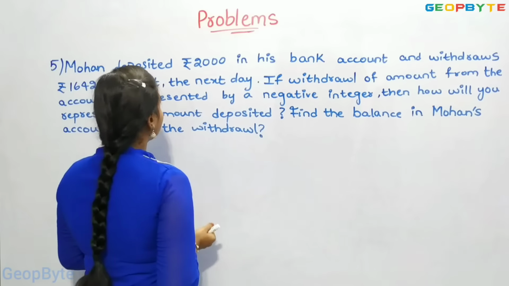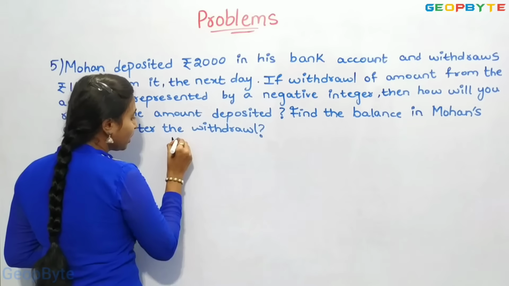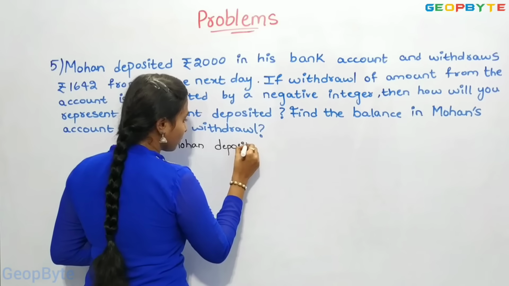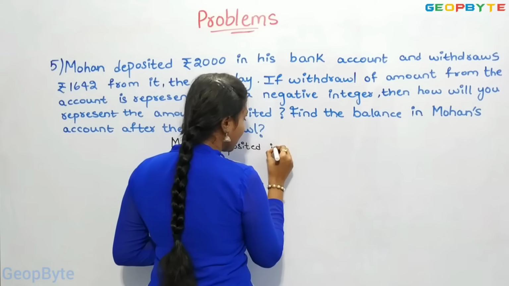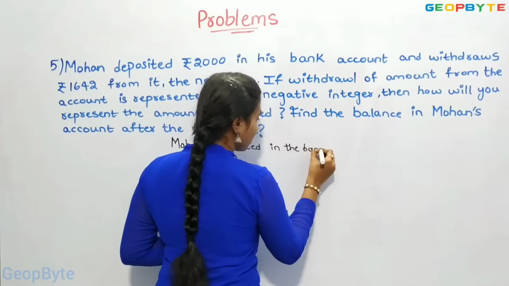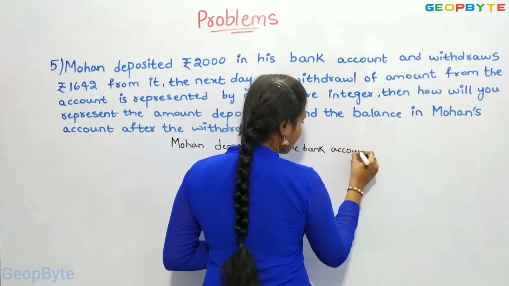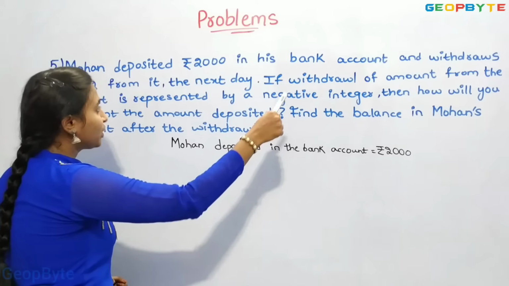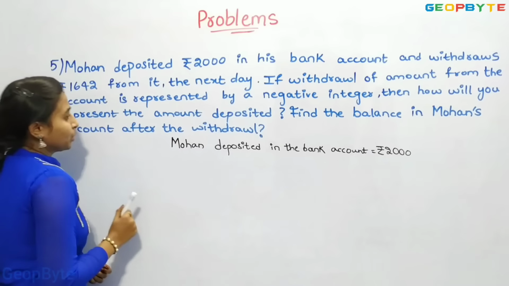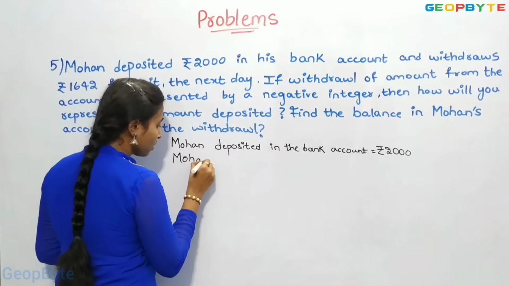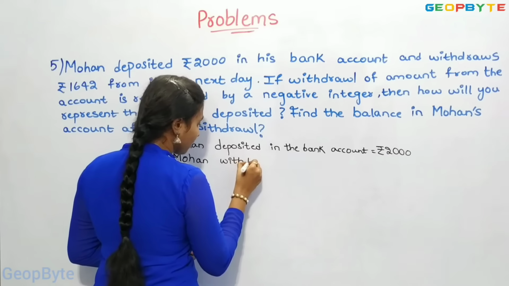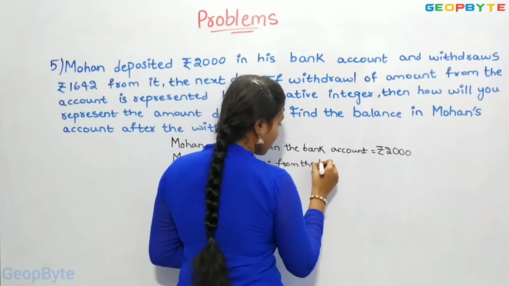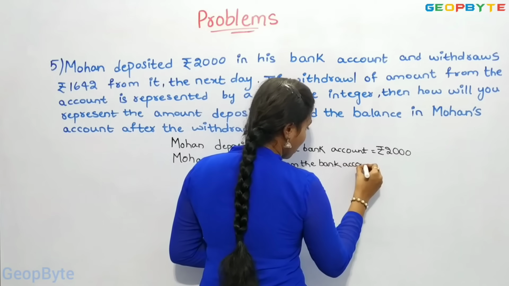Let us see now. First, let us write the given data. Mohan deposited in the bank account rupees 2000 and he withdraws rupees 1642 from the bank account.